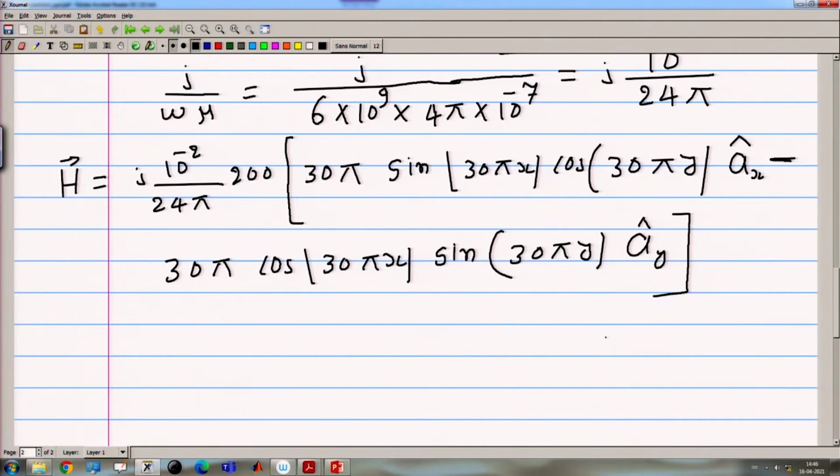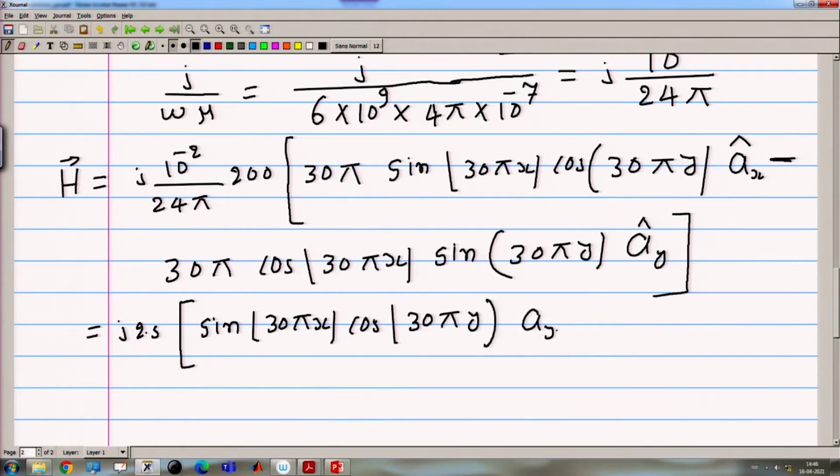Further, this can be simplified: we take 30 pi common in both the cases and it will cancel out from the 24 pi, and the final expression will come: j into 2.5 times sine of 30 pi x cos of 30 pi y into a x, minus cos of 30 pi x into sine of 30 pi y into a y.